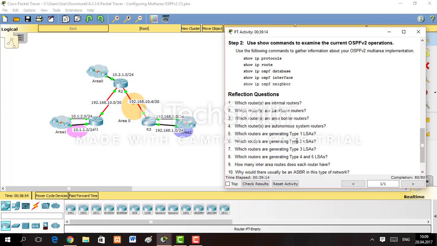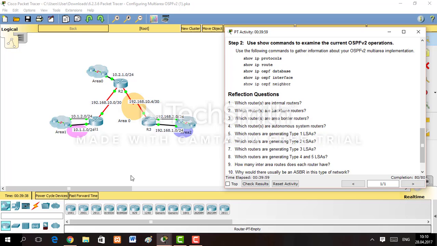Okay, which routers are autonomous system routers? Here we don't have autonomous system routers. Which routers are generating Type 1 LSA? Type 1 LSA is generated by all the routers, router 1, router 2, and router 3.